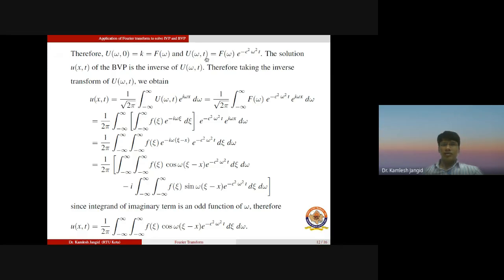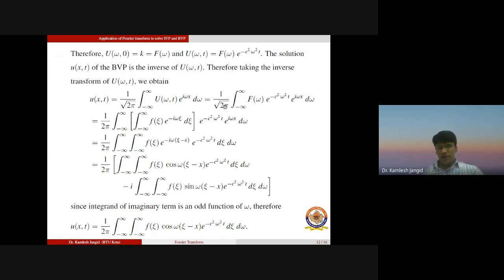Therefore, taking the inverse Fourier transformation of this term, we find that u(x, t) equals 1 upon root 2π times the integral from minus infinity to plus infinity of capital U(ω, t) e^(iωx) dω. This is the inverse Fourier transformation of the left hand side, and similarly the inverse Fourier transformation of the right hand side.